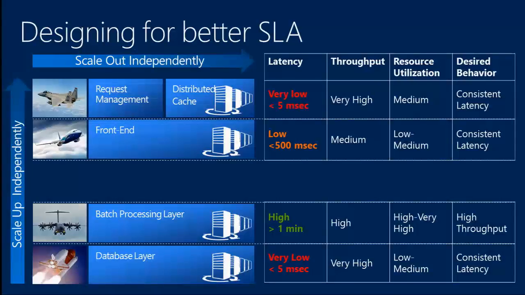That's okay. It does not impact your end users. They are still happy. And you can actually have a higher resource utilization level at this layer, driving your servers hard. The database layer is always the heaviest and the most responsive layer because almost every request ends up there.